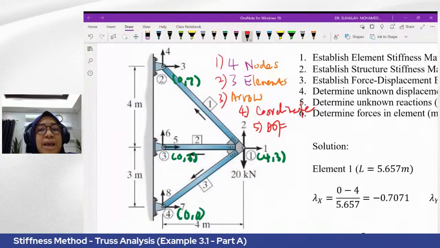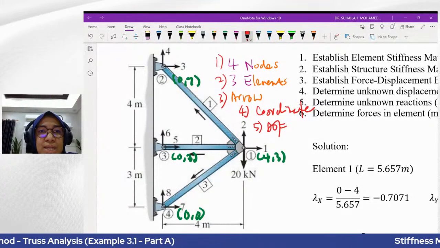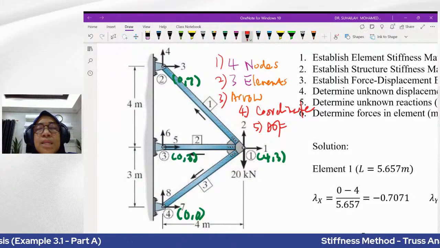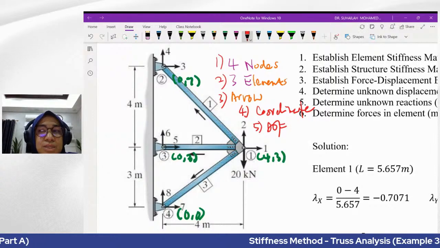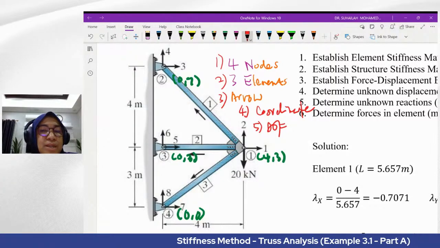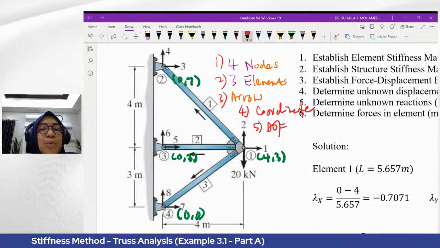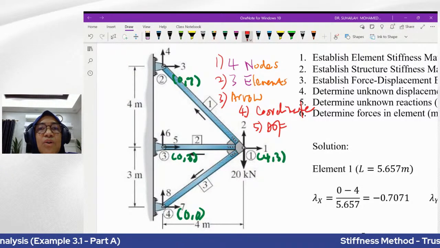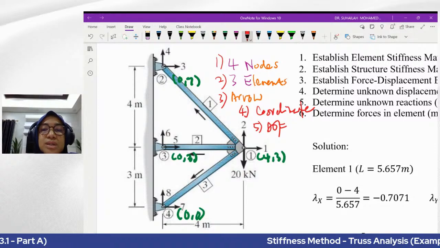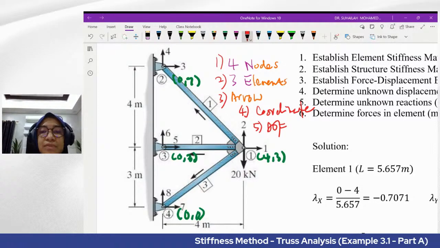We know that in a truss there are two degrees of freedom per node. Means that if we have four nodes, it is 4 times 2, total of 8 degrees of freedom.